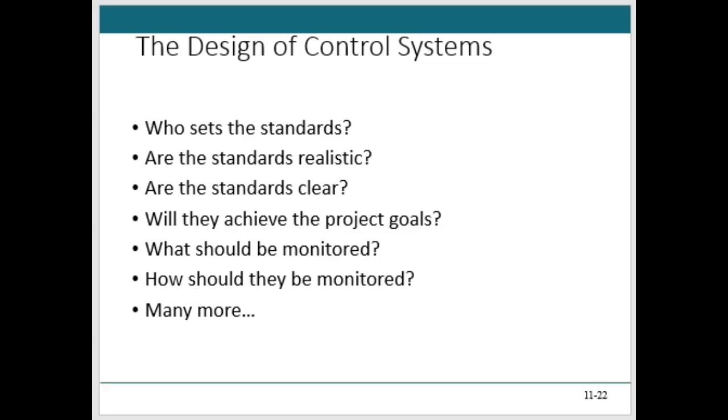Even who should take action, right? So in addition to being sensible, a good control system also possesses some other characteristics, right? It should be flexible. It should be cost effective. It should be useful. It should satisfy the needs of the stakeholders and hence of the project. It should be ethical and timely, right?